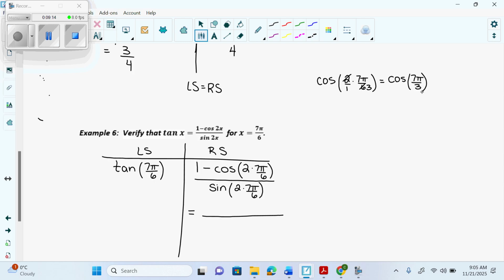You can also say 7 pi over 6 is 210. 210 times 2 is 420 degrees, right? So we're at the same spot as 420 degrees, which is where? This is the same as going cos 7 pi over 3 minus 2 pi as well, right? You get the coterminal of it. You do that as well. I'll show it.